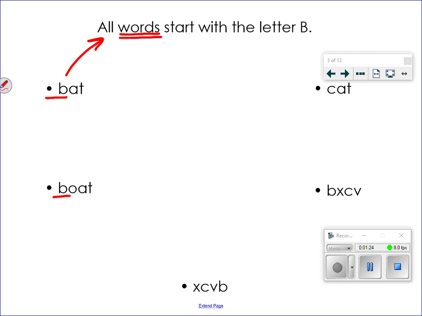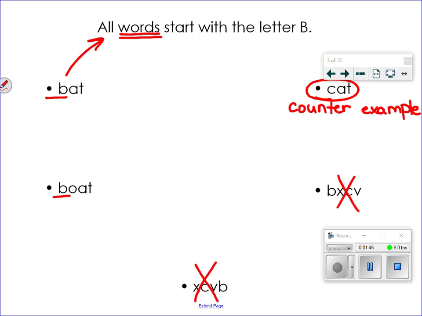However, this word cat right here begins with the letter C, not B. This would be a counterexample because it proves that statement false. These ones would not even count because they're not words.